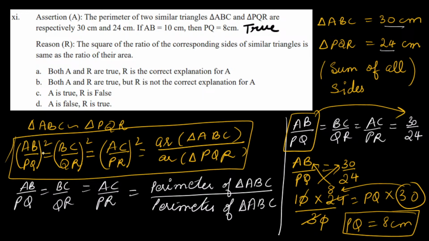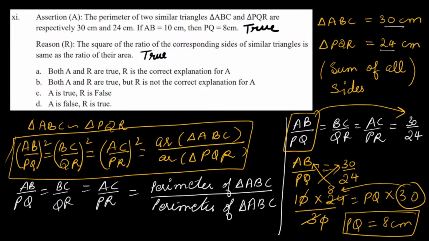They have mentioned the square of the ratio of the corresponding sides. That means AB by PQ whole square is equal to BC by QR whole square is equal to AC by PR whole square, which is equal to the area of triangle ABC by the area of triangle PQR. Yes, this is a result of similarity. The square of the ratio of the corresponding sides of similar triangles is the same as the ratio of their areas, so this is also true.